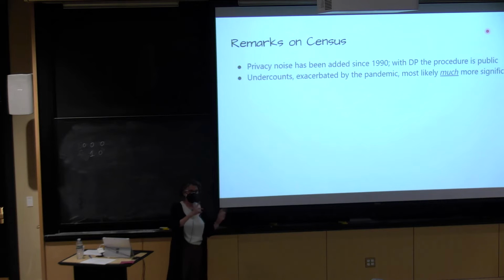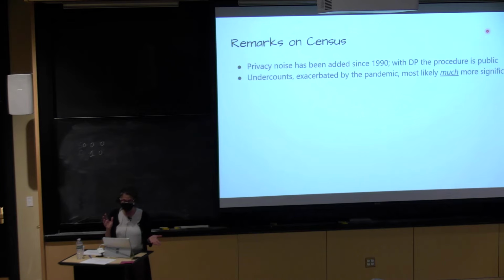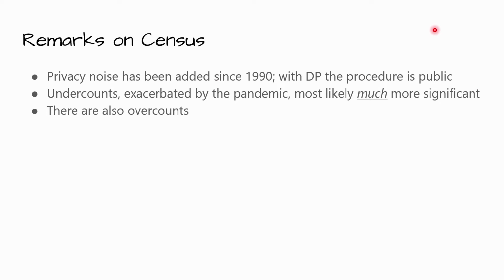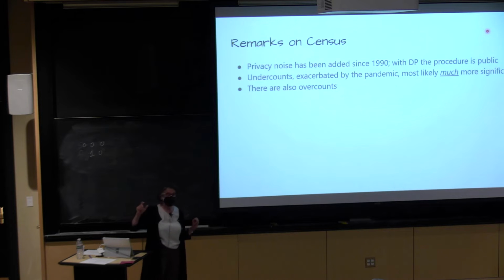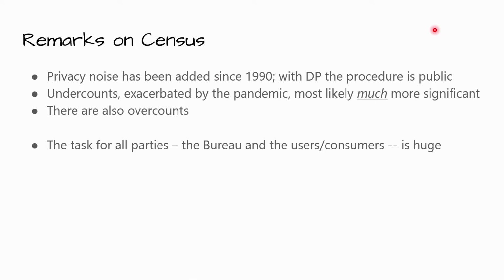They were scattered away from their universities. The Bureau has done some things to try to correct for that, but yeah. There are also overcounts. Maybe your family has two homes. Both homes got a census form, and the two adults in the home didn't realize that the other one was filling it out, and so they filled it out twice in two different places.